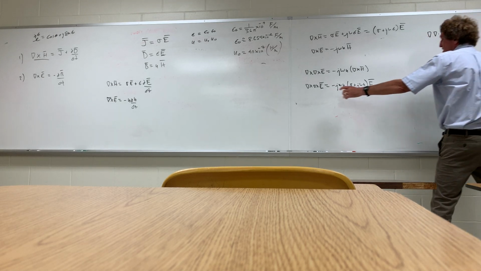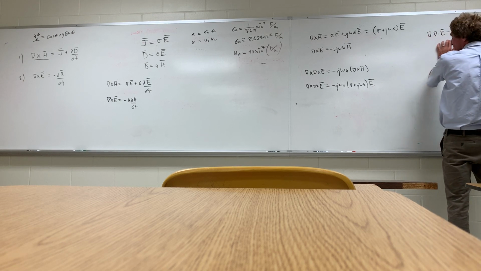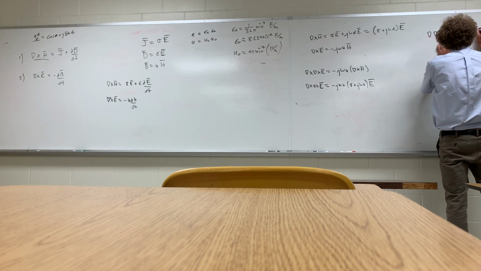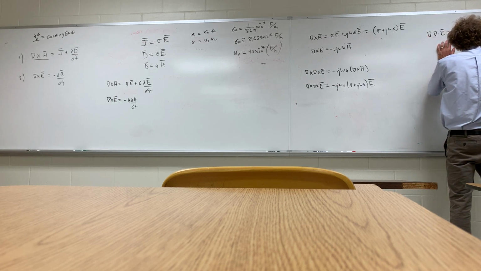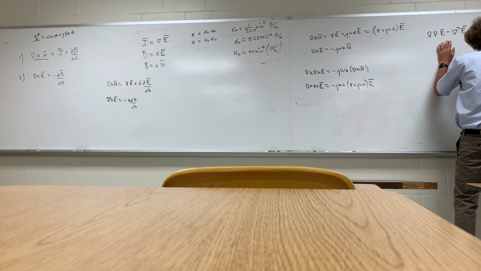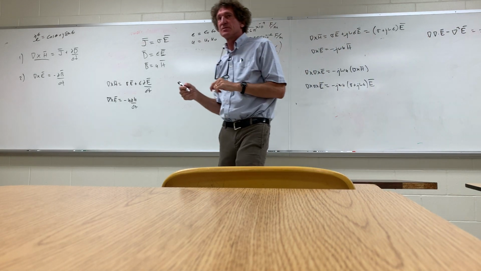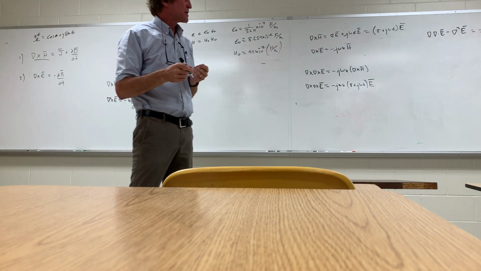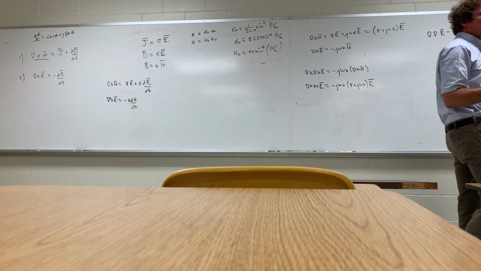Well, anyway, I'm breaking this down to the gradient of divergence of E minus del squared of E, and that's equal to minus j omega mu times sigma plus j omega epsilon times E. Now we're going to start introducing assumptions and new constants so we don't have to keep writing that mess over and over again.